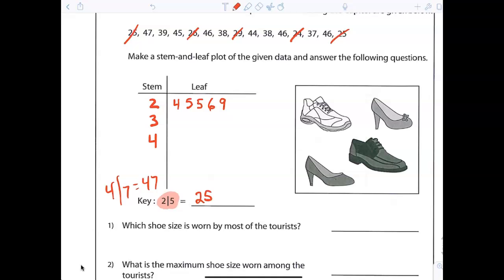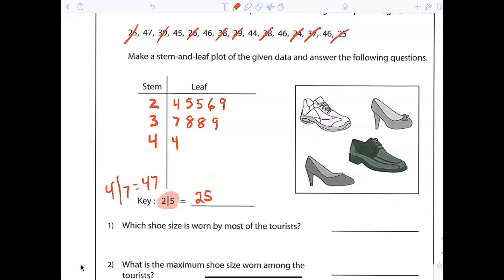Now we start with the 30s. What's the smallest 30? 37. Then 38 twice. Thank you very much. And then 39. And then what? 44. And 46.